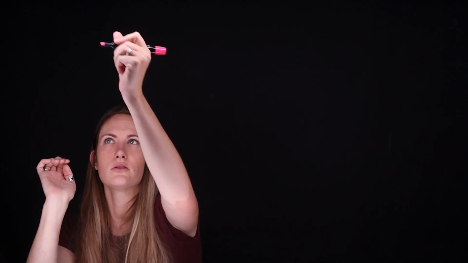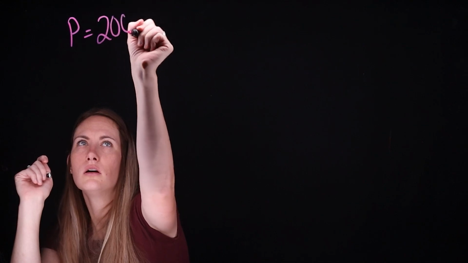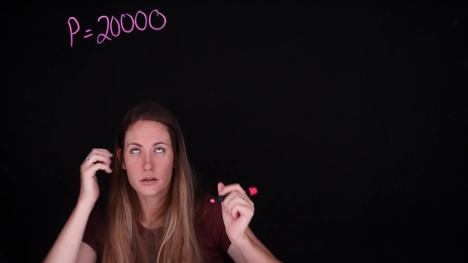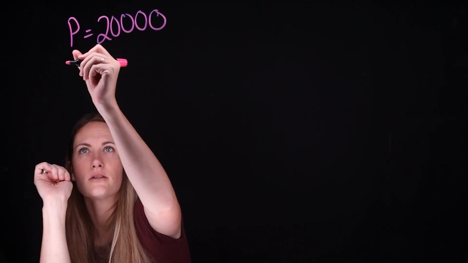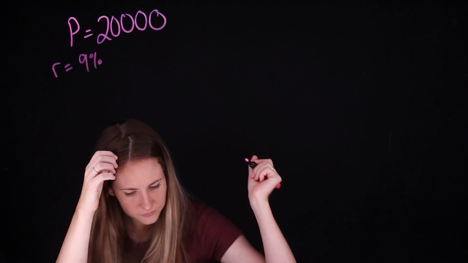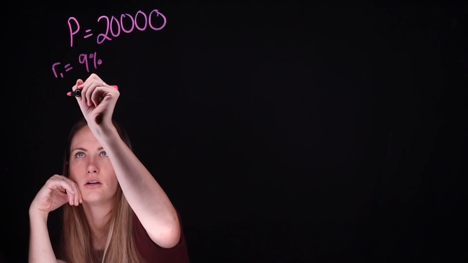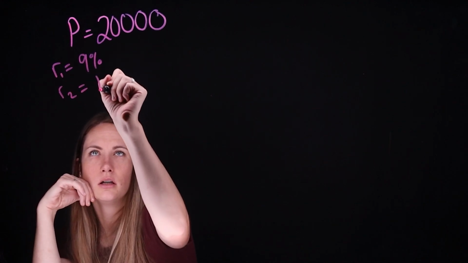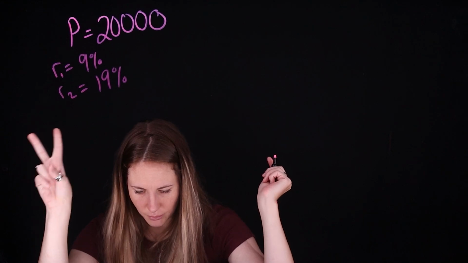All right. A bank loaned out $20,000. So here's our principal, 20,000. Part of it at a rate of 9%, so we have a rate of 9%. And the rest at 19%, so this is going to be R2 at 19%. So we have two rates per year.